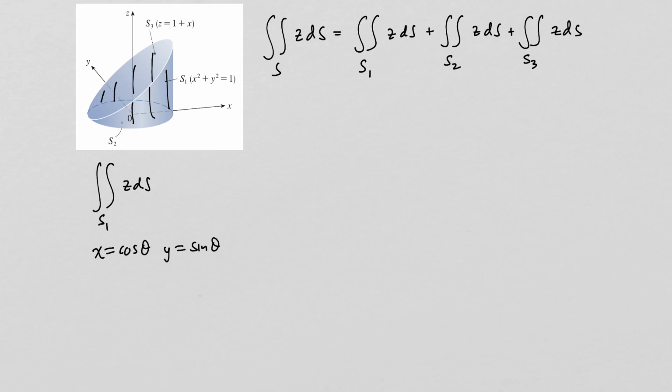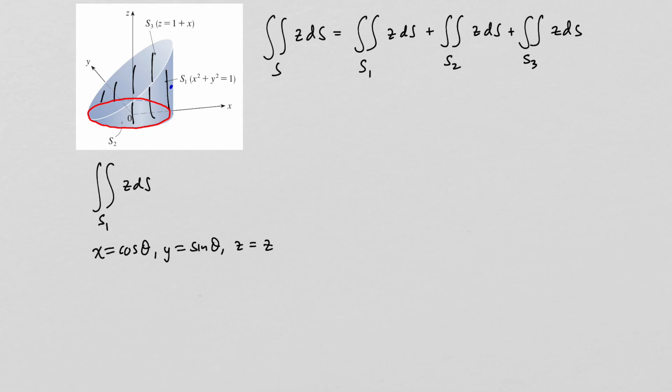And we know this because we know that on this cylinder, x and y have to satisfy this unit circle down there in the xy plane. And then, of course, on that cylinder, z is simply going to be z, right? So if we have a point on the cylinder, the z value is just the z coordinate of that point.